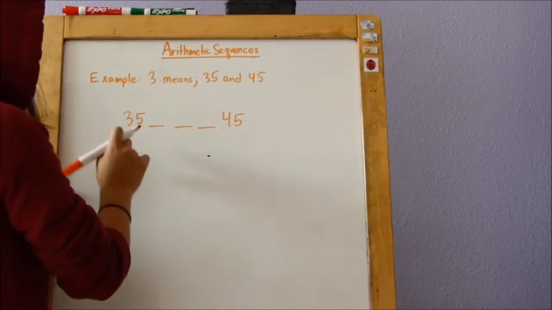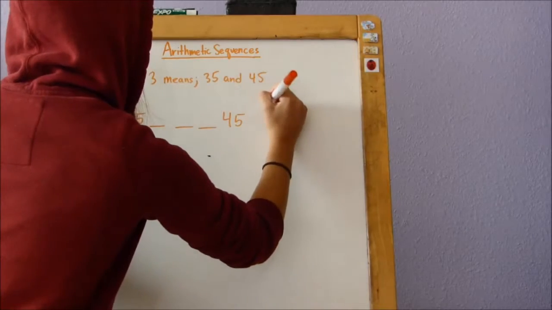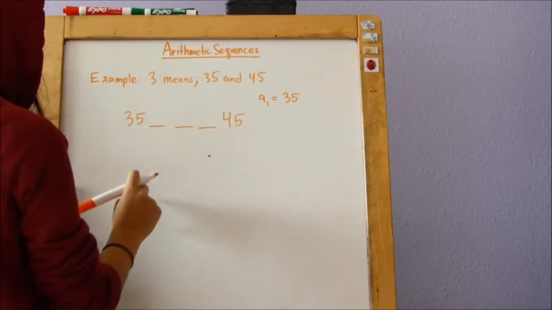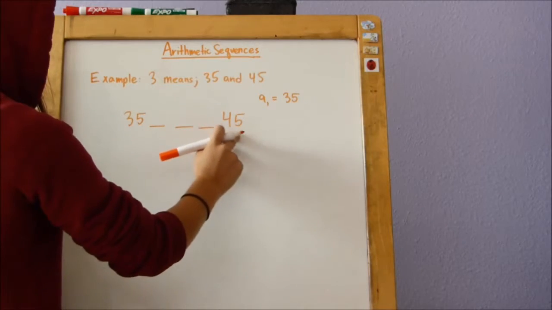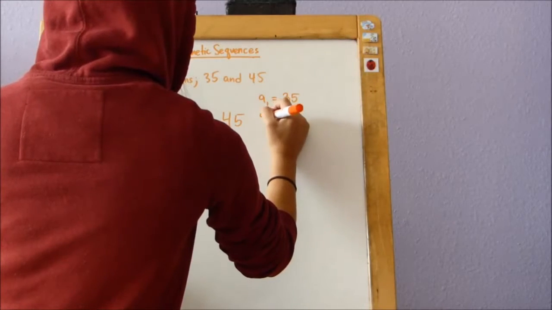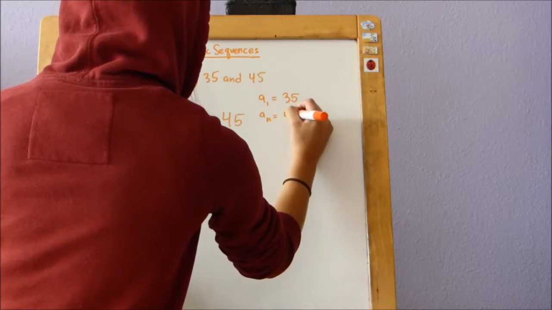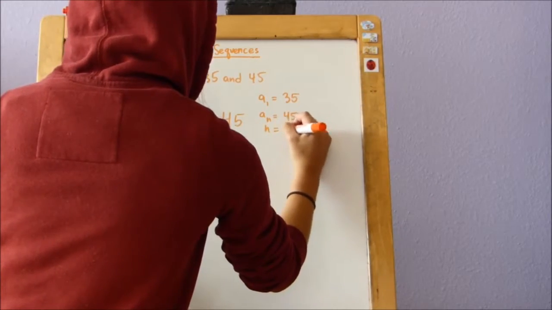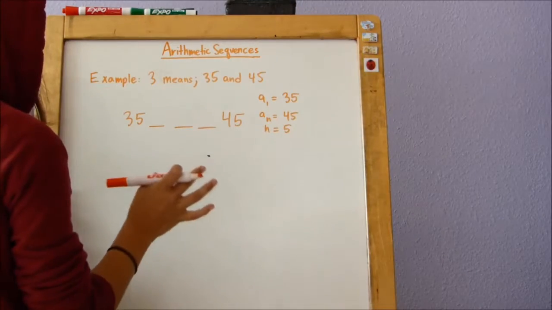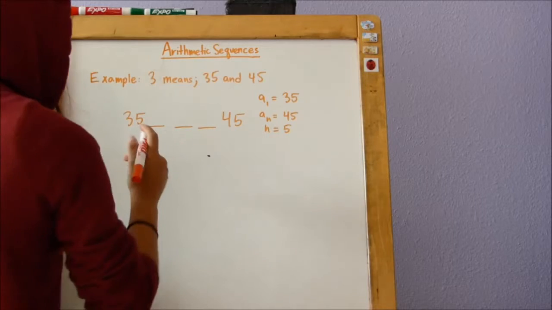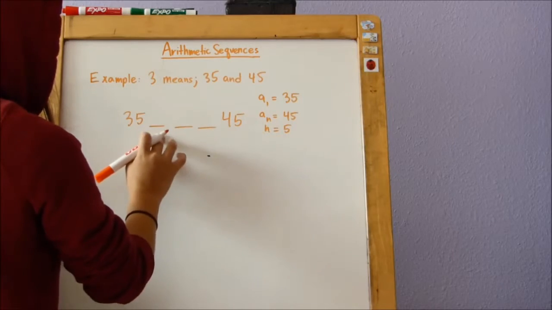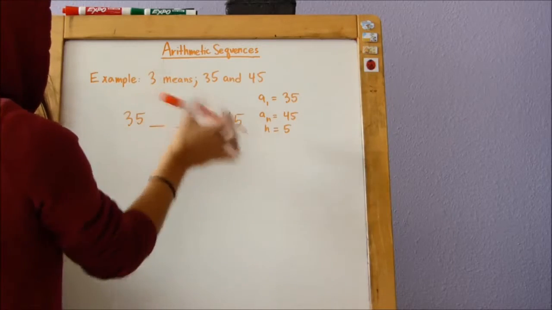We know that A1 equals 35, and we know that 45 is 1, 2, 3, 4, 5, the 5th term, so AN equals 45 and N equals 5. Using all of this information, we can plug that into the explicit formula and solve for D, and then add that to 35 to get the answer.